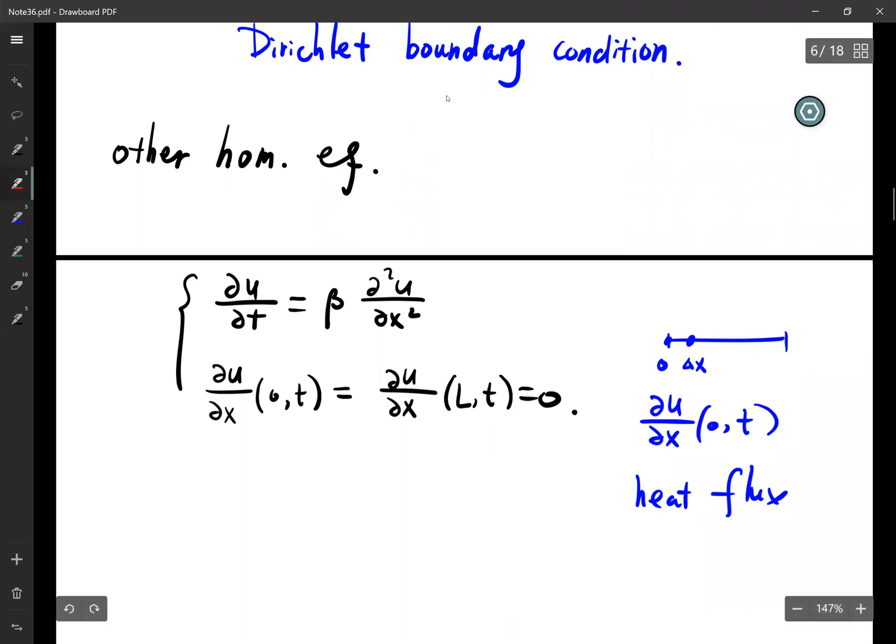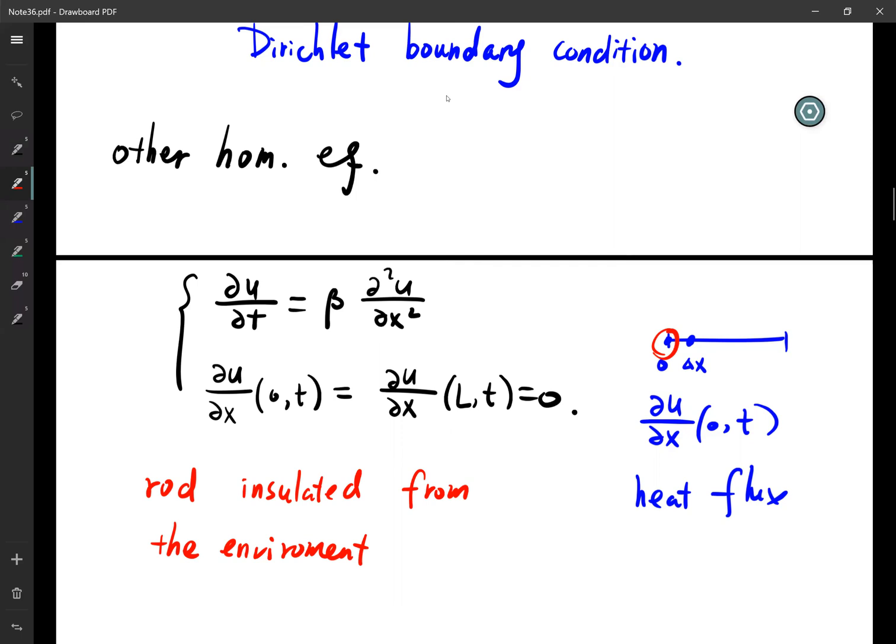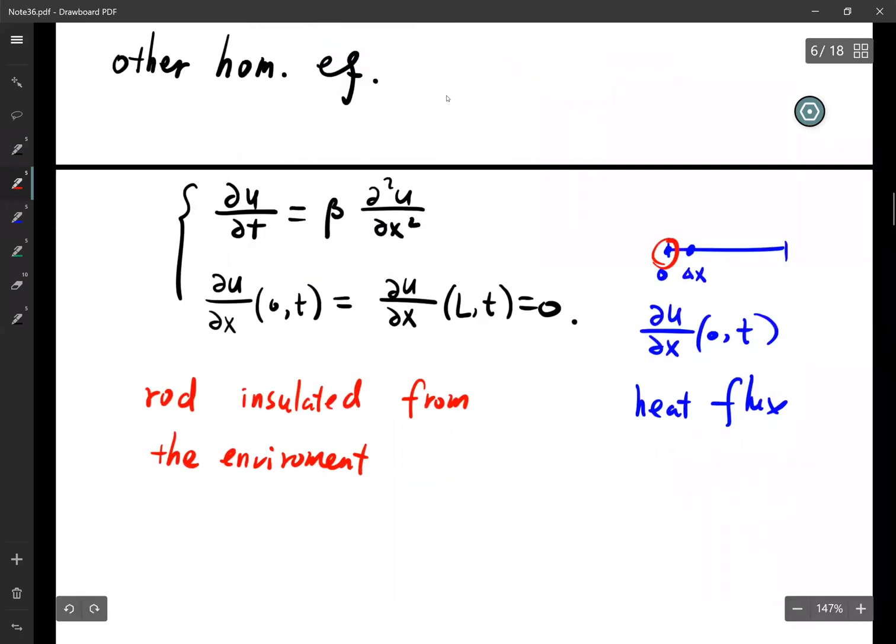So the physical meaning is that the rod is insulated from the environment, because on both ends, heat cannot go away or new heat come in.